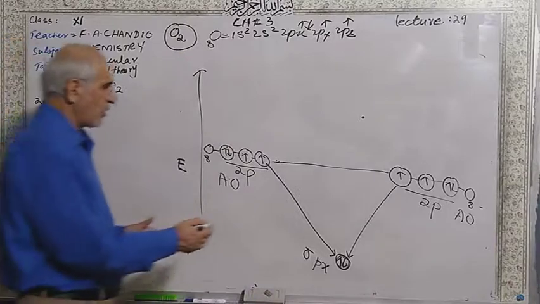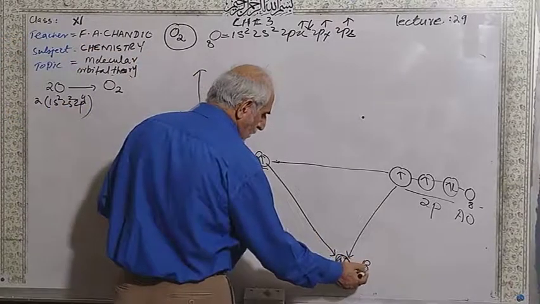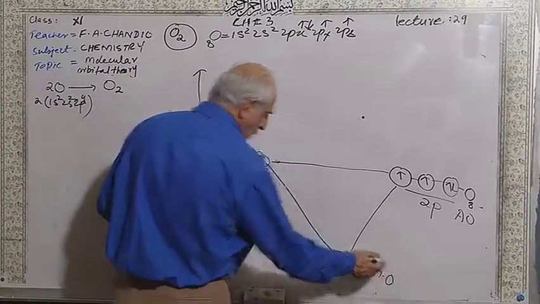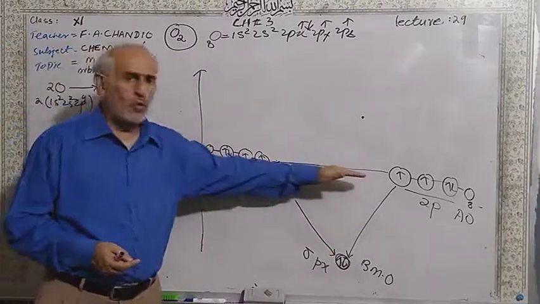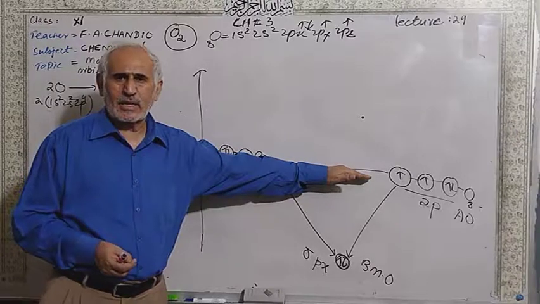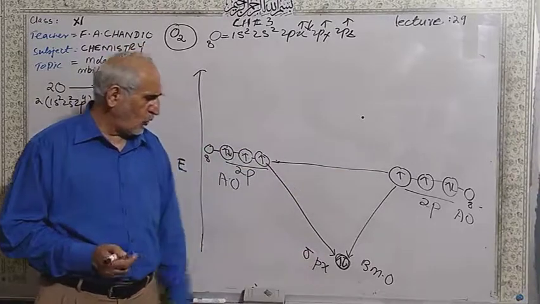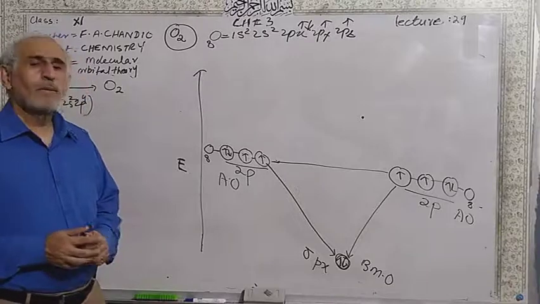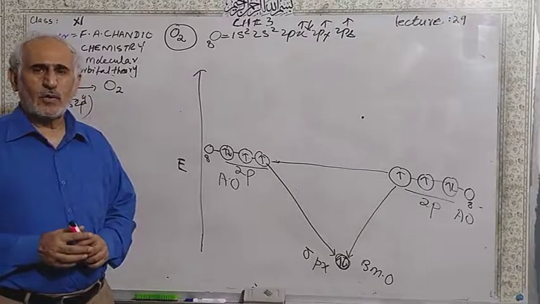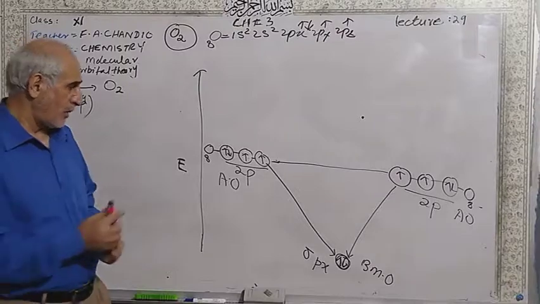Two electrons in sigma 2px. This is the bonding molecular orbital. Total 4 and 4, 8. There are 8 electrons here, to fill sigma 2px according to the rule of the relative energies of the bonding orbitals.